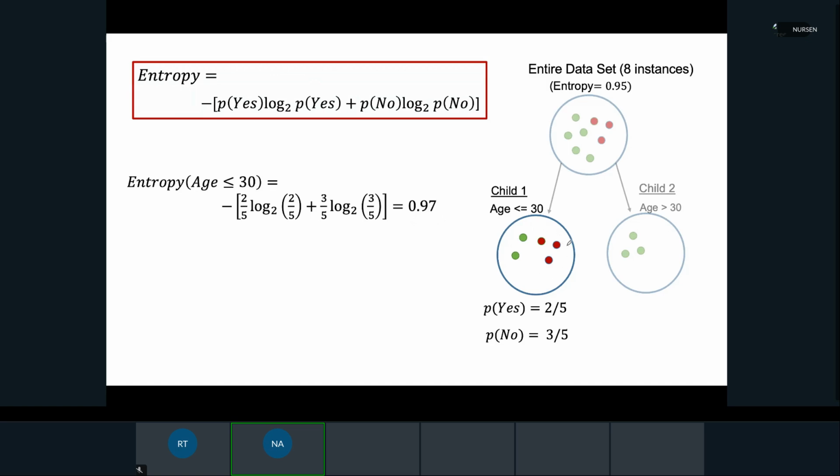Here we have an almost totally impure distribution. We have a slight majority in the no cases, but this is almost half-half. Entropy is between 0 and 1. 1 means it's highly disordered, and here we have a highly disordered set. It is very, very close to 1.